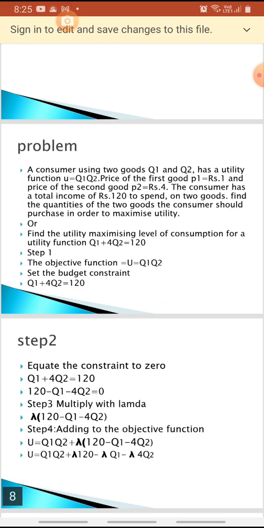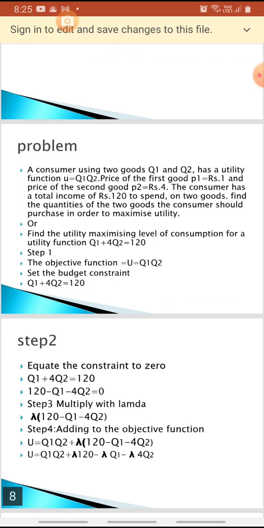Second is the objective function. The objective function is given: U is equal to Q1 Q2. Set the budget constraint, that is Q1 plus 4Q2 is equal to 120. We are equating this equation to 0, that is 120 minus Q1 minus 4Q2 is equal to 0.